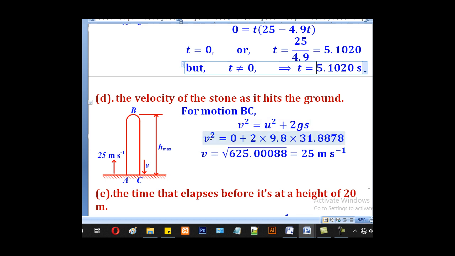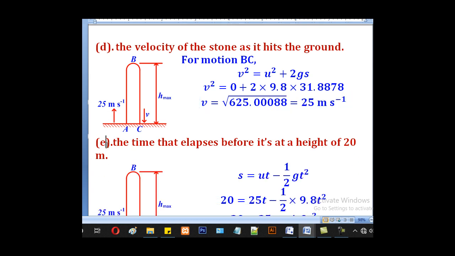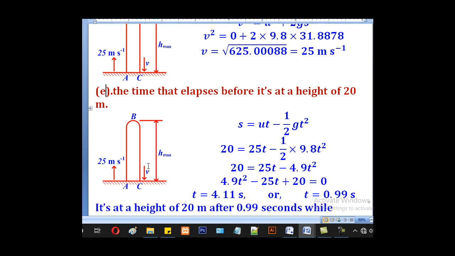So substituting, initial velocity is 0, g is 9.8, and s is our h max, which is 31.8878. So using a calculator, we shall come up with this value, 25 meters per second. So you should know that that value is the same as the initial. We shall see why.